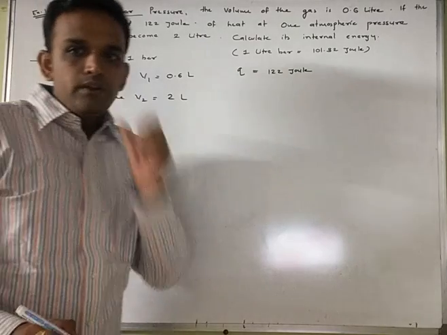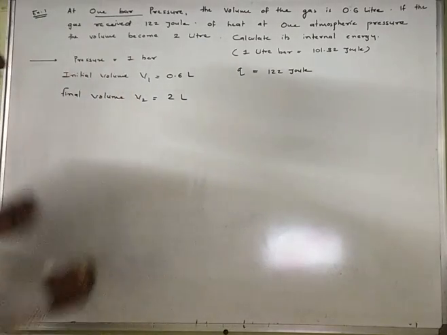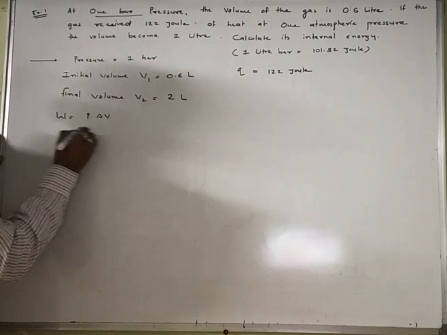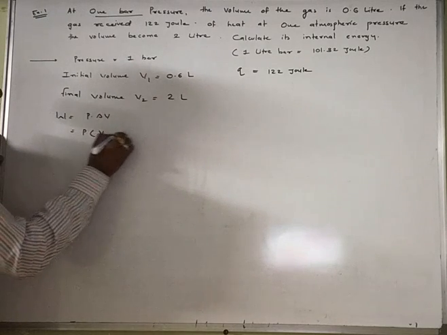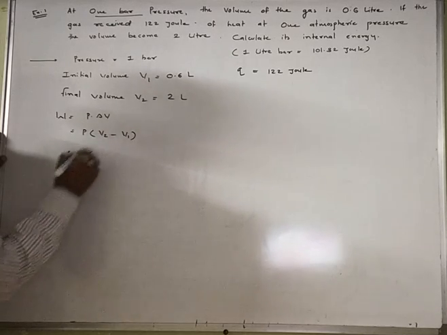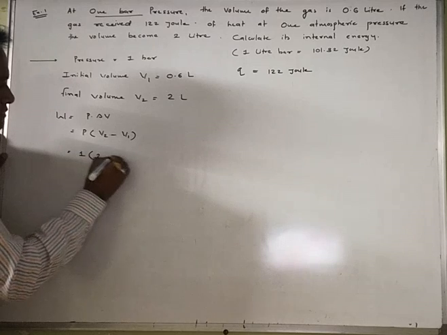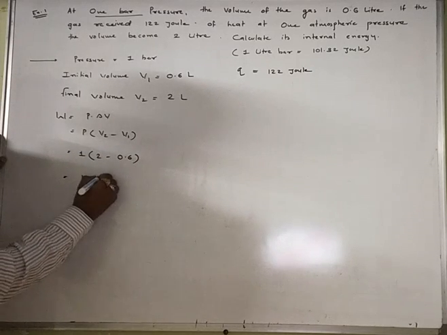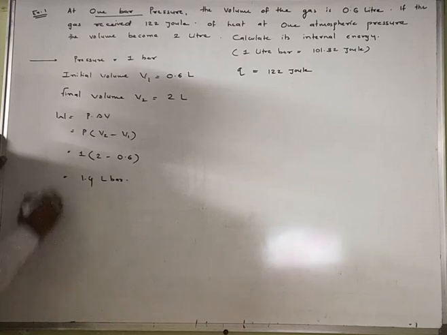Now you all know the work function: W equals P into delta V, so P times (V2 minus V1). P is 1 bar, V2 is 2 liter minus 0.6, so I can write 1.4 liter bar.